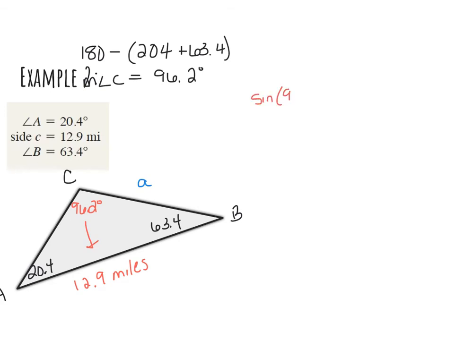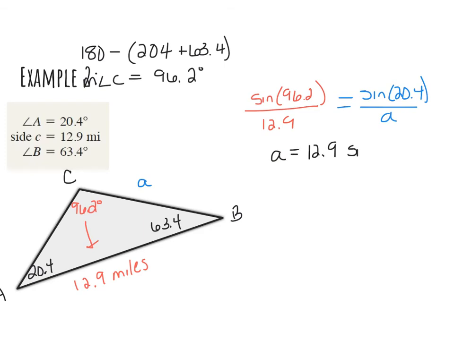Sine of 96.2 is to 12.9. Sine 20.4 is to side A. Again, in order to be able to solve for that A, we're going to cross multiply and then divide by sine of 96.2.